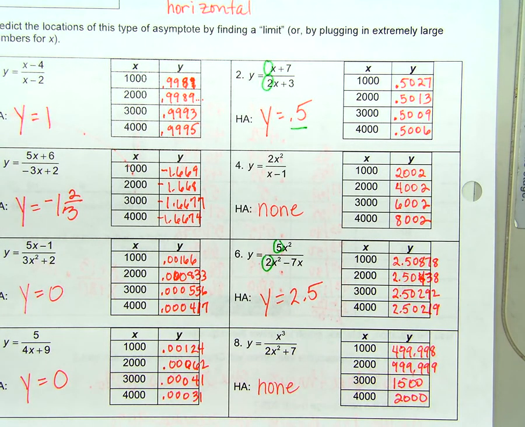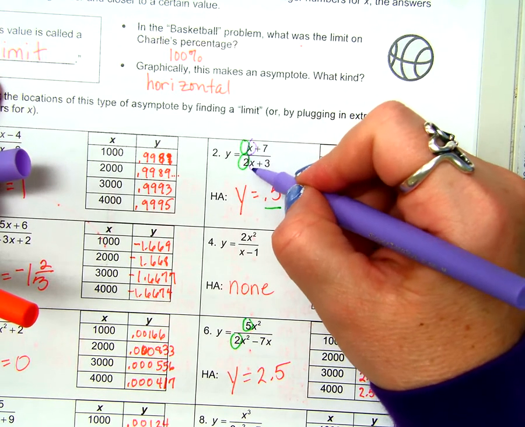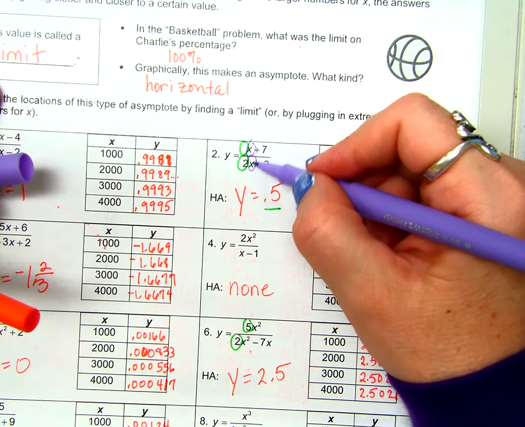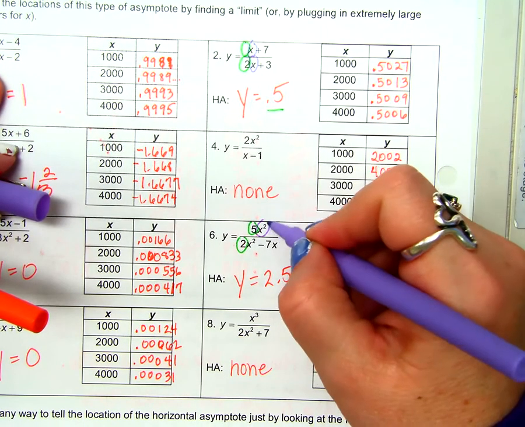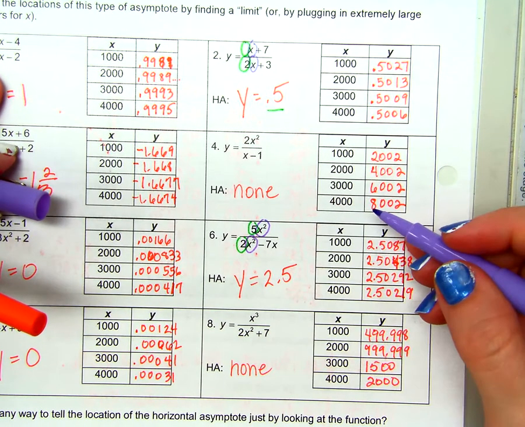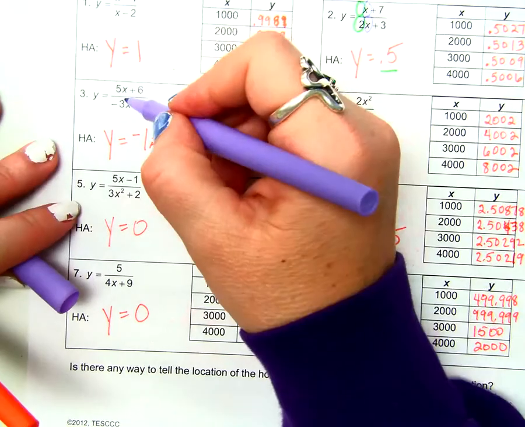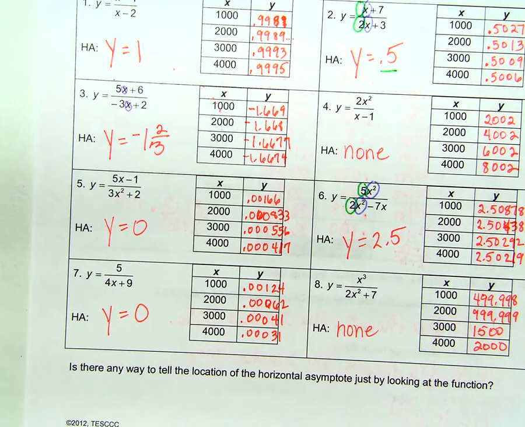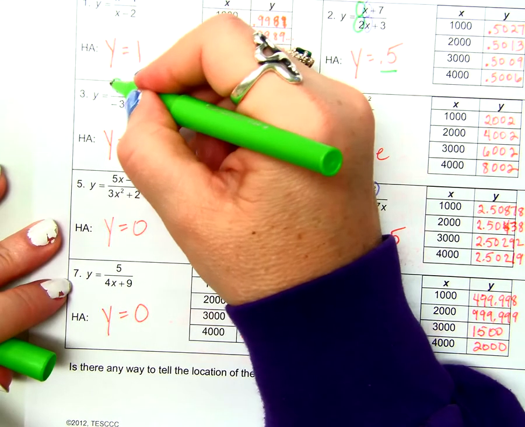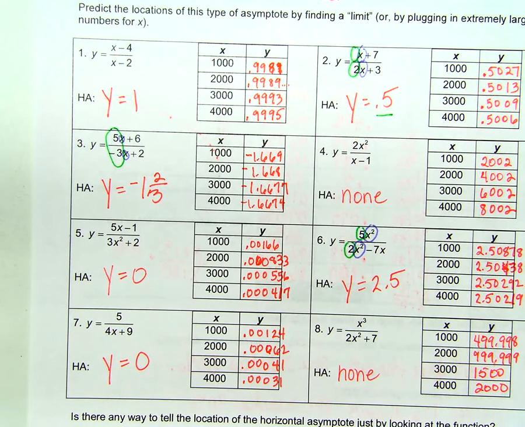So look at these. What do you notice about those two? They're the same. Look at these. What do you notice about those two? They're the same. Is 5 over negative 3 negative 1 2/3?